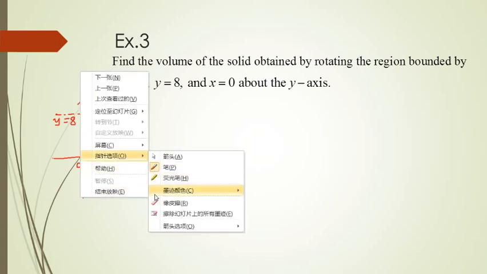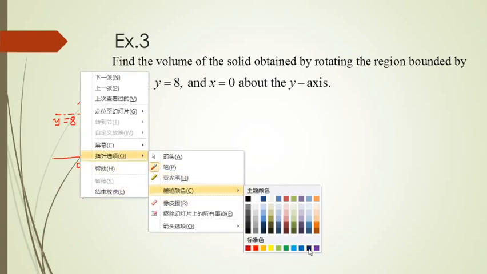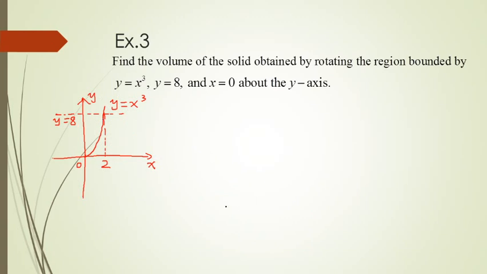Let me shade the region. It is bounded by y equals x cubed and y equals 8, this horizontal line. x equals 0 is this vertical line, the y-axis. So that will be the region this way. Then how can we rotate this region?